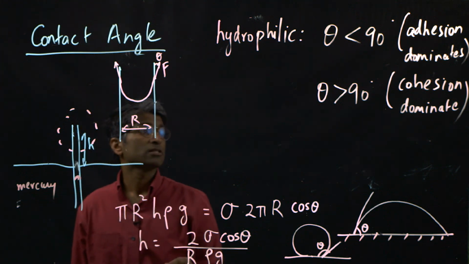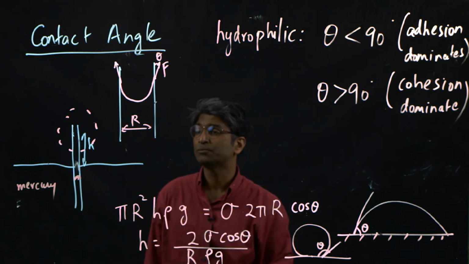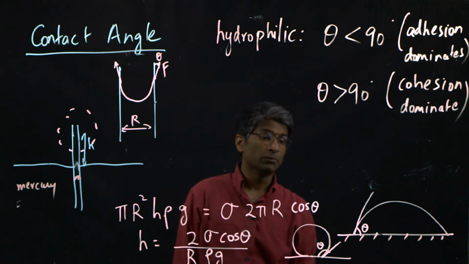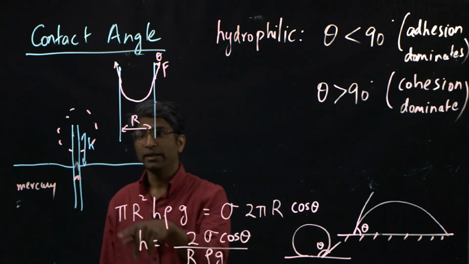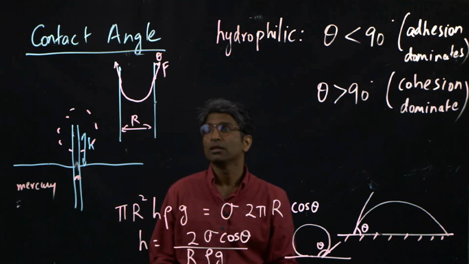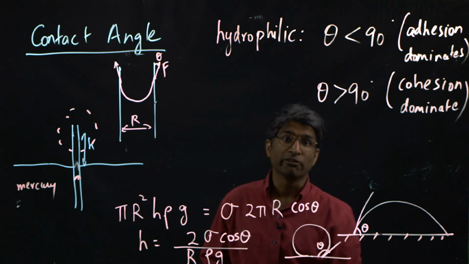And that's because mercury wants nothing to do with the material, which is typically glass. So you can have situations where you get a depression of fluid. So depending on the contact angle, you can get a variety of phenomena.